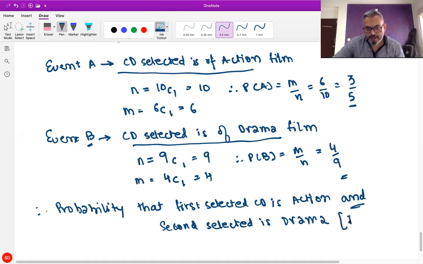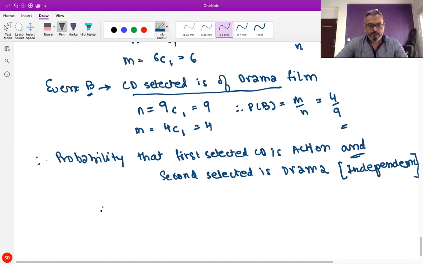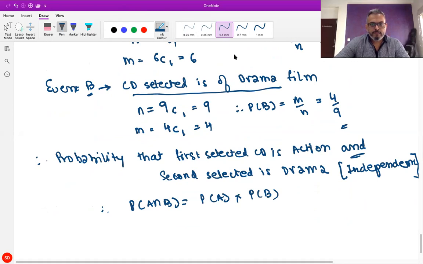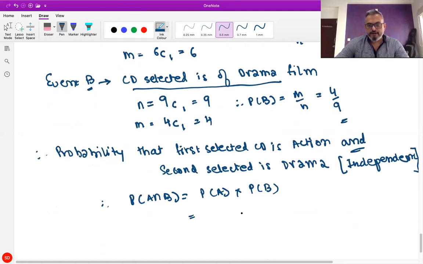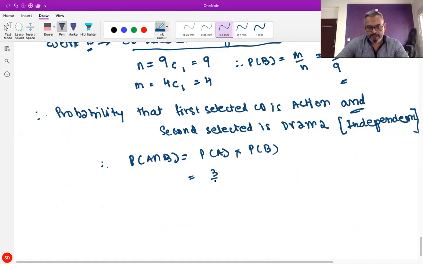Now both are independent events. So therefore probability of A intersection B is equal to probability of A into probability of B, which is equal to probability of A is 3 by 5 into 4 by 9. So which is 3 4s are 12 by 45.